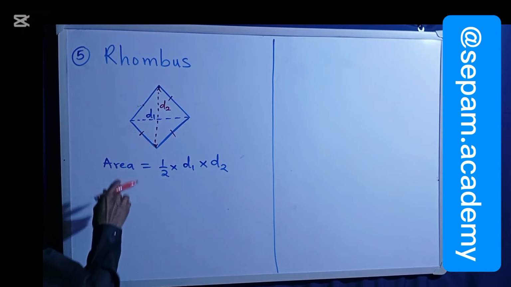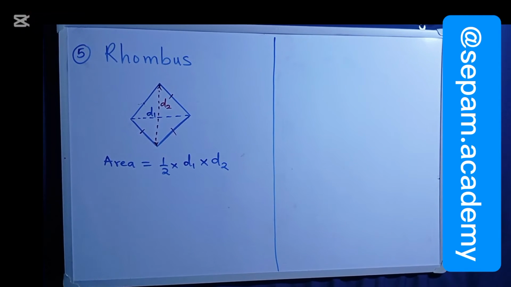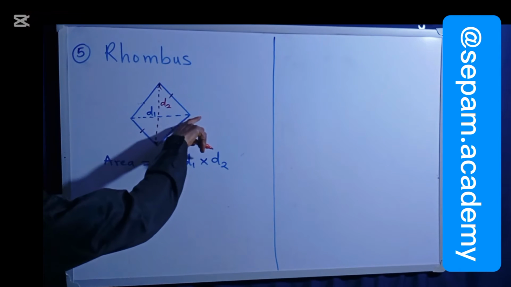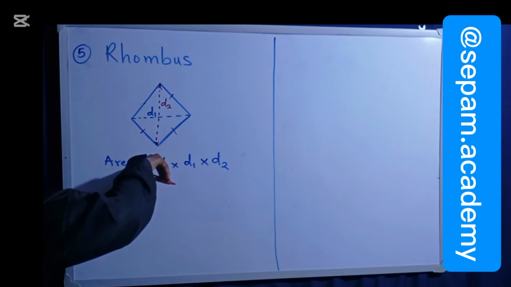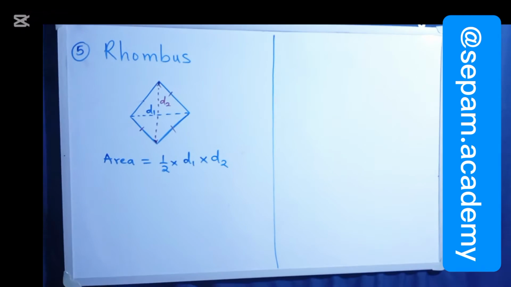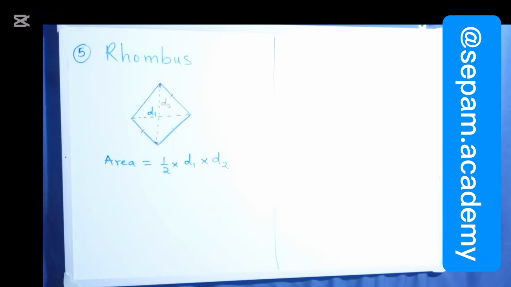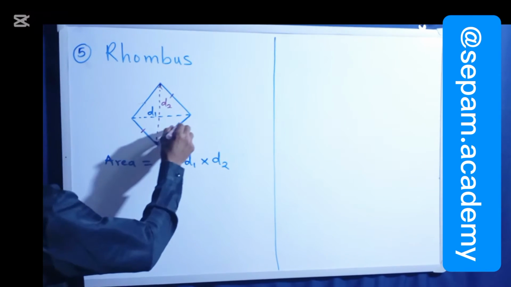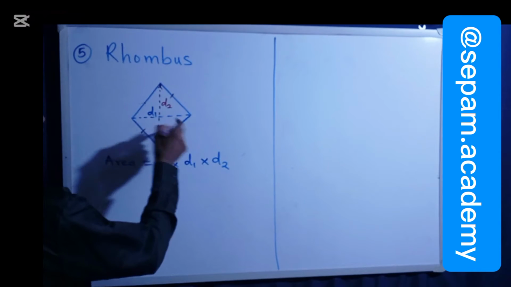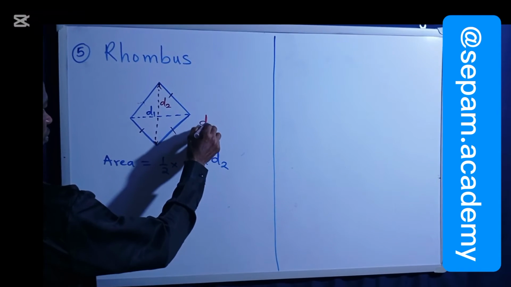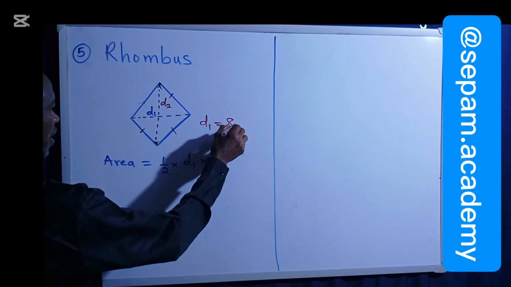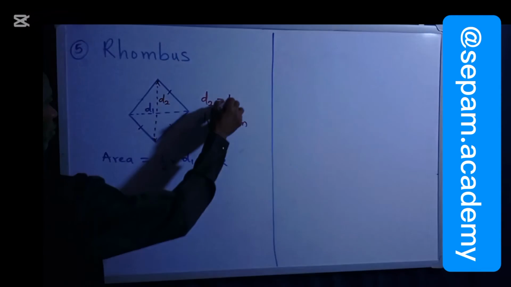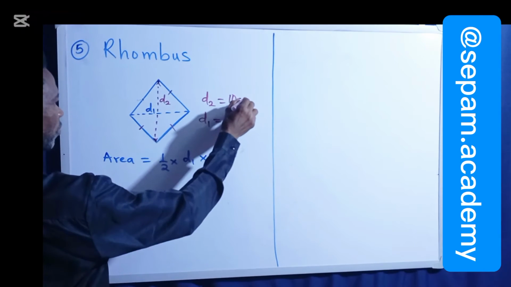So if we have this, let's say this is 10, and we have the diagonals, let's say D1 equals 8 cm, then D2 equals 10 cm.